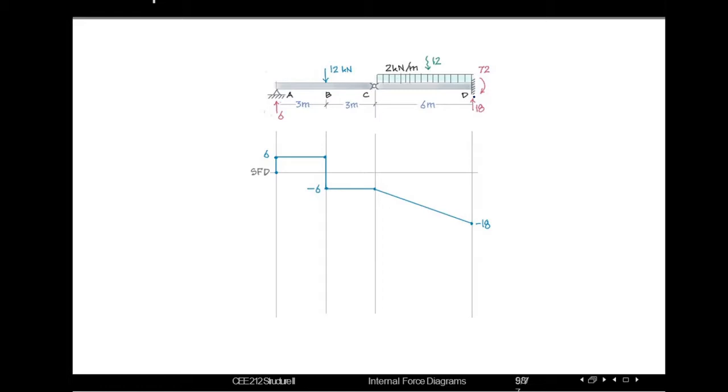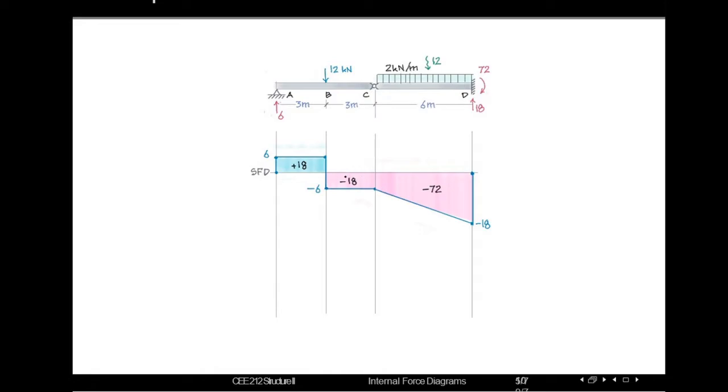Now at point D there is a reaction 18 acting upward, so we need to move upward 18, negative 18 plus 18, it will be 0. In this way we'll draw the shear force diagram, and before drawing the bending moment diagram we need to calculate the area first. The area of this portion will be, as usual, height into base.